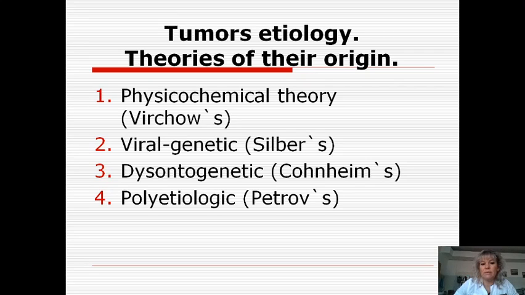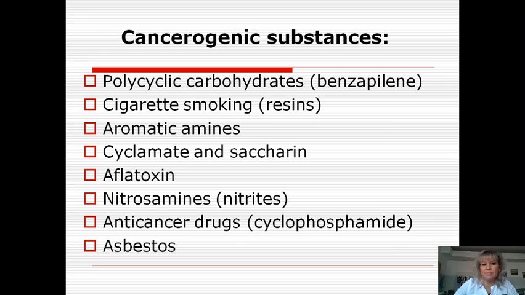Physicochemical theory: the action of physical substances and chemical substances, or carcinogenic substances, for example polycyclic hydrocarbons such as benz-alpha-pyrene in cigarette smoking resins.